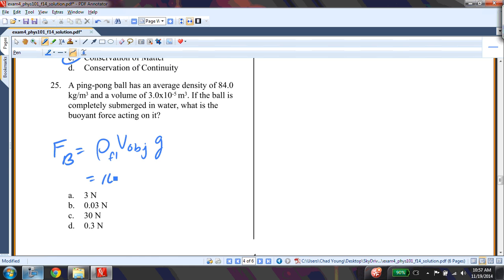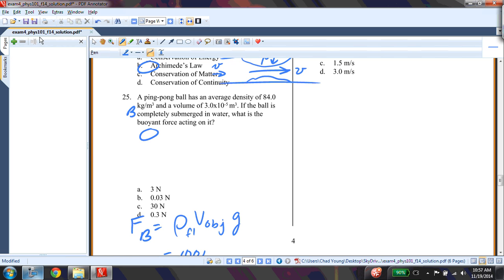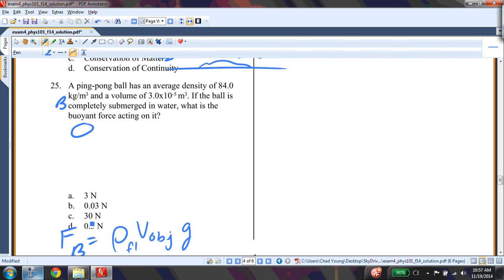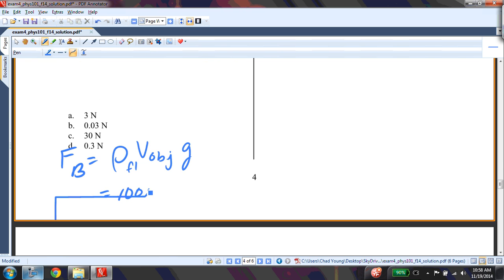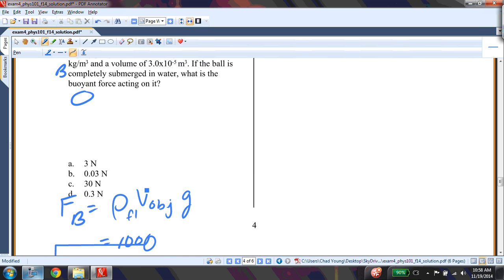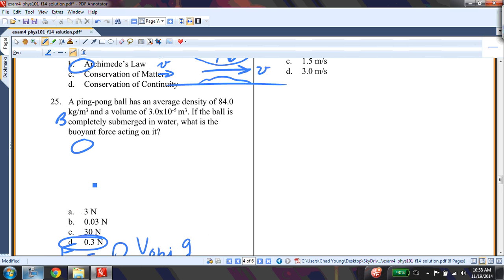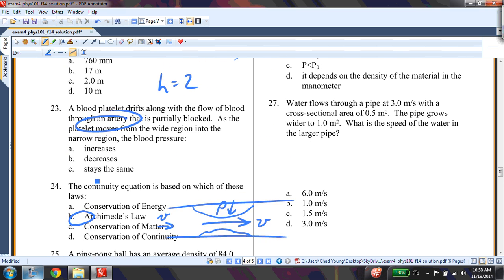It's in water, so that's 1,000 times the volume of the object, which is 3 times 10 to the minus 5 cubic meters, times 10. So it's 10,000 times 3 times 10 to the minus 5. And I get 0.3 newtons, so D is number 25.